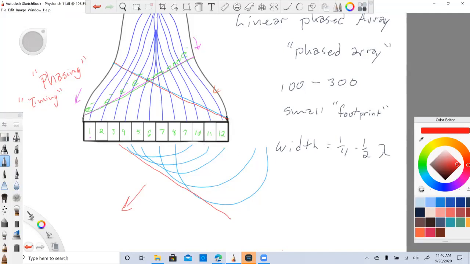Steering. You know what? Let's get to focusing first, though. So phasing is timing.